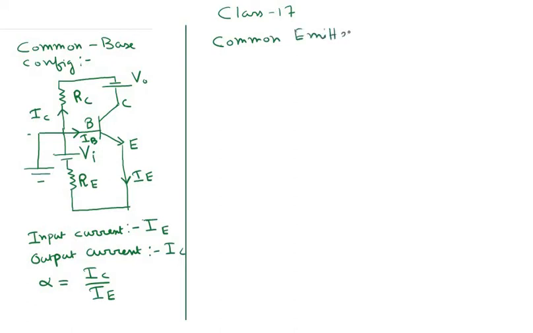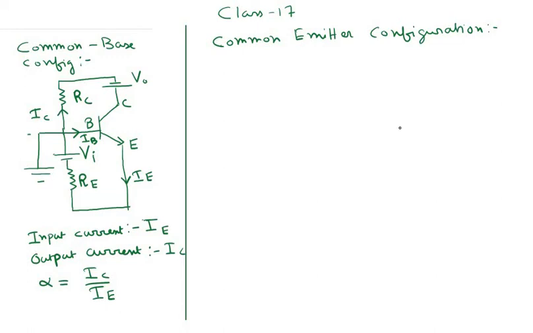Here the emitter is common to both the base and the collector. The emitter is connected to the base with the help of a resistor, and the collector is also connected to the emitter with the help of a resistor and the voltage source. So the emitter is common to both the base and the collector.